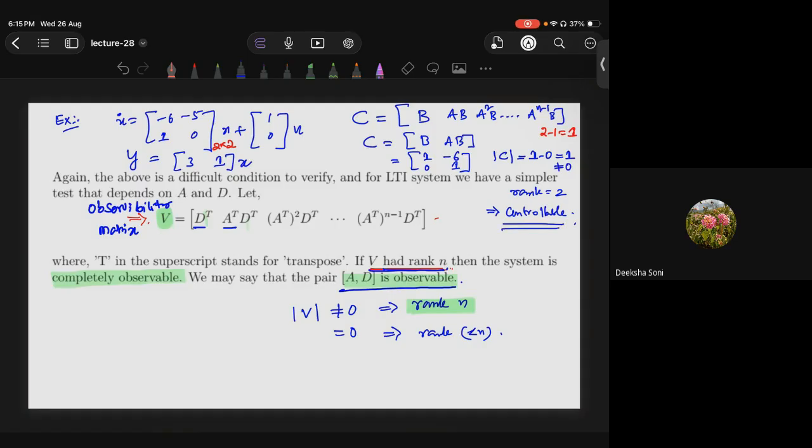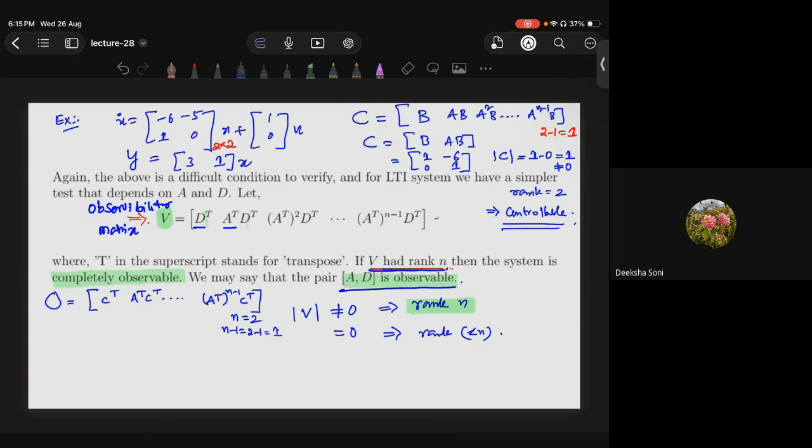Similarly for observability, here this is the C matrix. The observability matrix is C transpose, A transpose C transpose, etc., up to A transpose whole power n minus 1 C transpose. Here also n is equal to 2, so n minus 1 is 2 minus 1, that is 1.